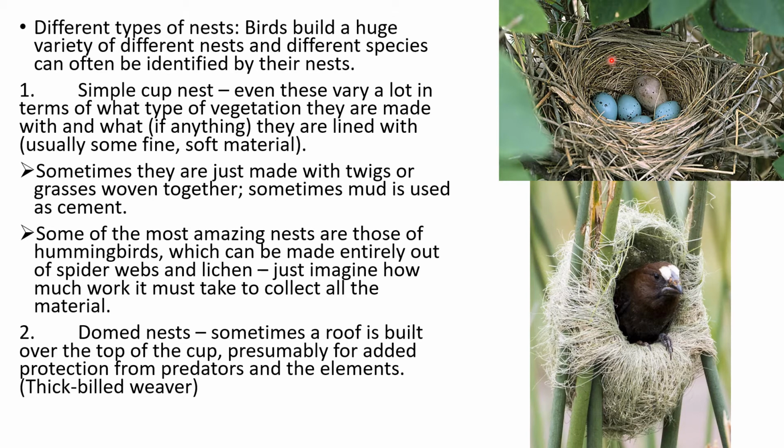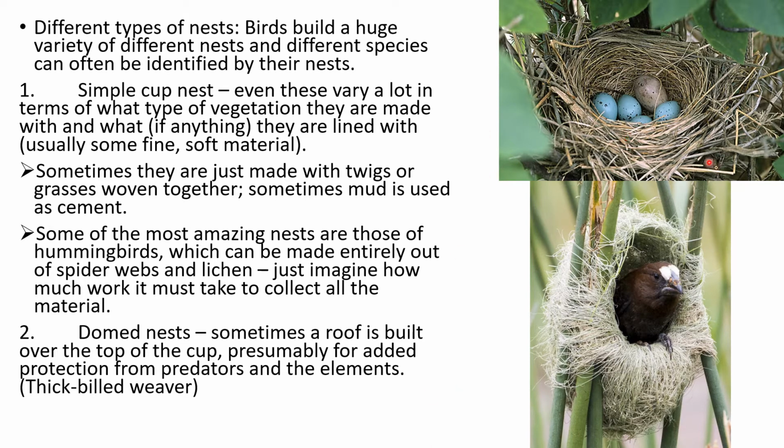The second type of nest that we are supposed to study here is the domed nest. A domed nest is a variant form of cup nest, but cup nests do not have any kind of roofing, whereas the dome nests have a roof built over the top of the cup, presumably for added protection from predators and elements.